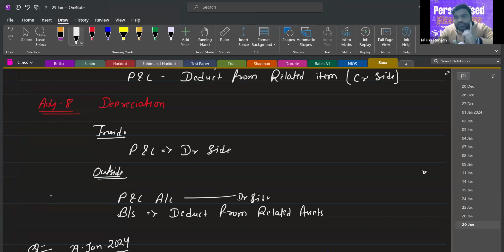It is still doubtful, so maybe there is some chance that we will receive the amount. That's why we do not assume it as a loss, and we make a provision for it.